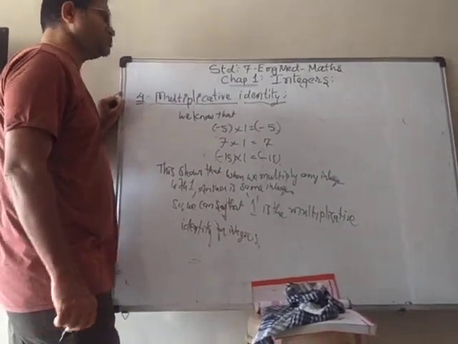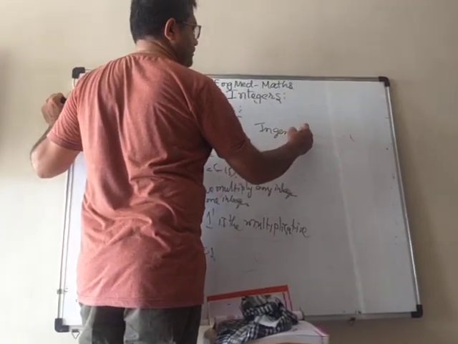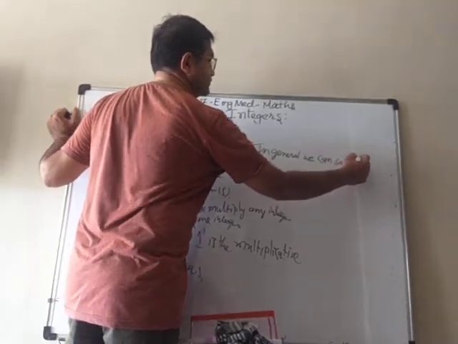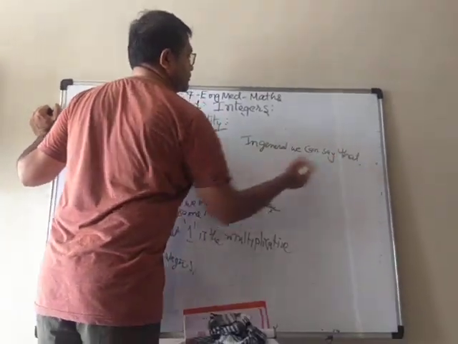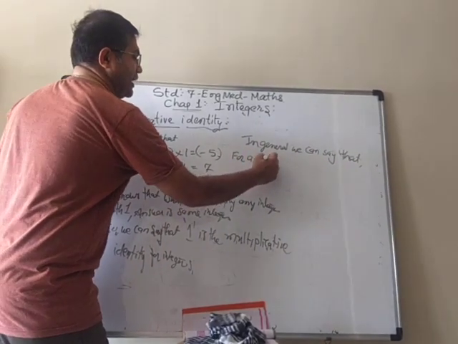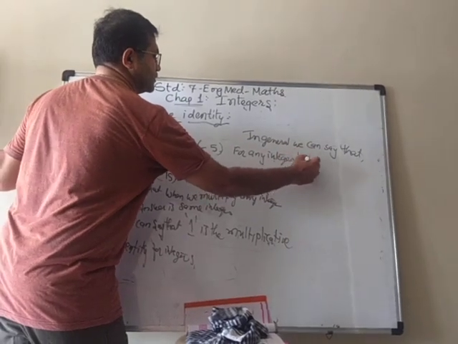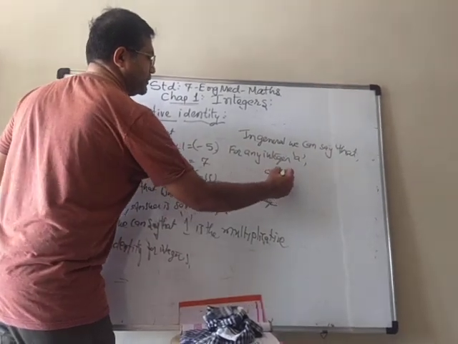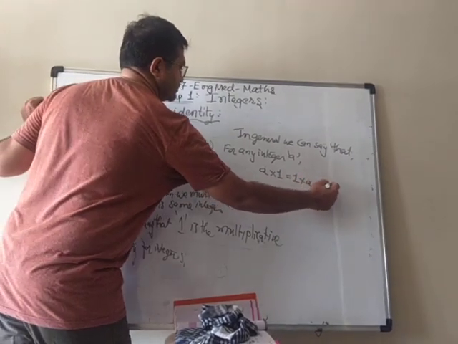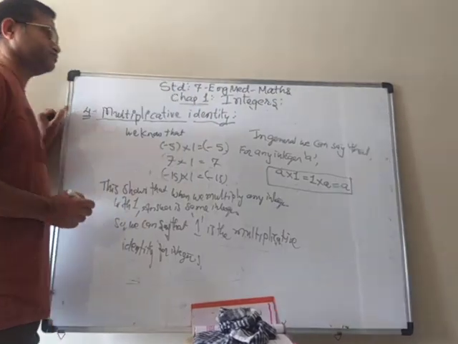Or in general we can also write it down. In general, we can say that for any integer a, a multiplied by 1 or 1 multiplied by a will be a itself.